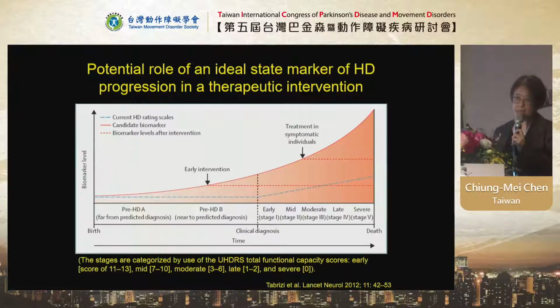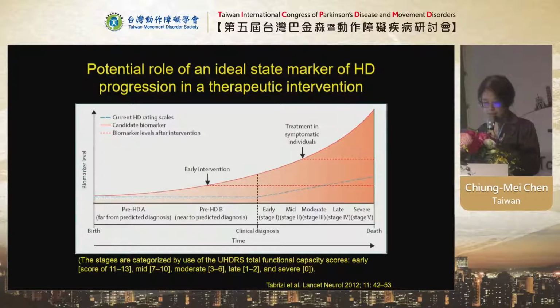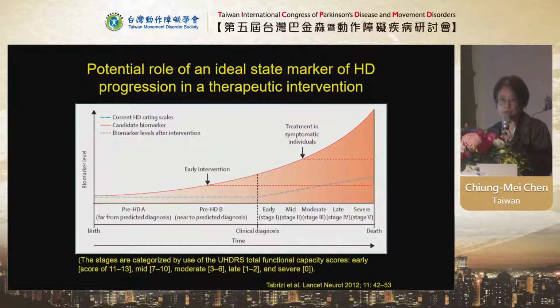Up to now, the current clinical scales are often too insensitive to detect subtle change or subtle progression in mutation carriers, especially those in pre-symptomatic stage. So a useful biomarker is important that could correlate linearly to the disease progression before clinical diagnosis and after stages after phenoconversion.